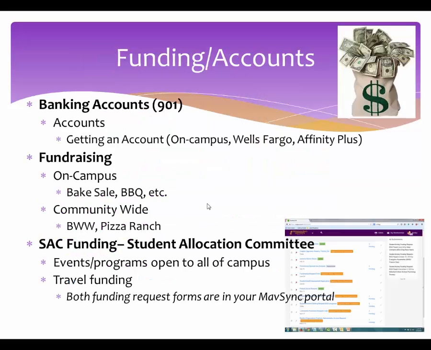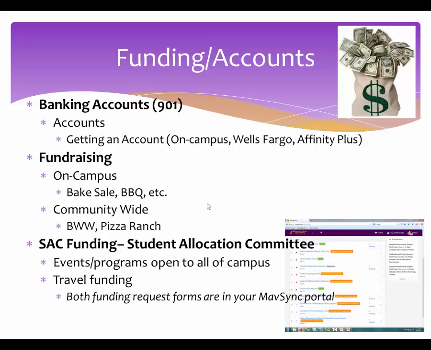Now, another benefit to being a recognized student organization is that on campus you have the ability to sign up to have a banking account. You can have either an on-campus account called a 901 account, or you can get an account through Wells Fargo or Affinity Plus. For Wells Fargo and Affinity Plus, you simply have to stop by their locations and visit with someone there on how to set those up.